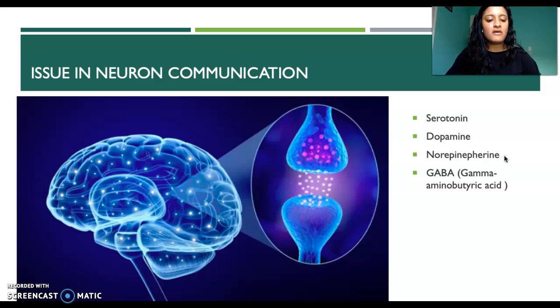So this is an amino acid that researchers believe acts as an inhibitory transmitter. So it's thought to help quell anxiety. So basically, when you have too much of GABA, that's when depression would occur. So as you can see, in depression, there's kind of an issue in neuron communication because you don't get enough serotonin, you get too much of GABA, and it's not the right amount of what you need.